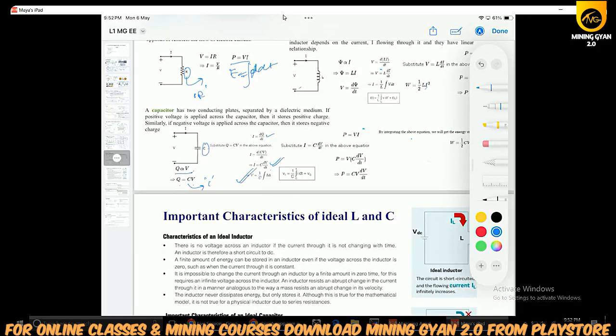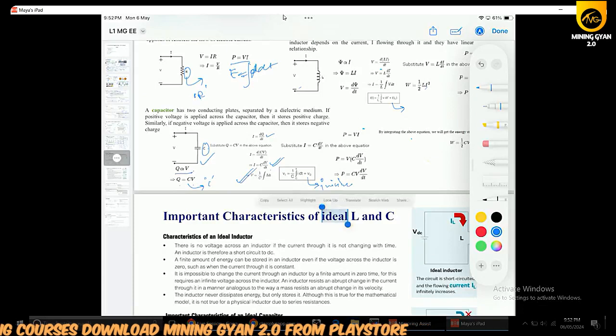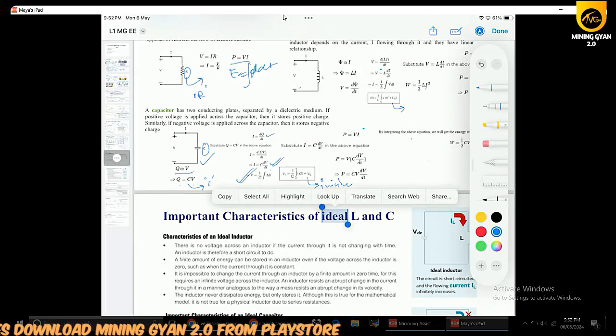You already know that a capacitor is also a storing element that stores the electrical energy in the form of an electric field. So you have to consider the initial voltage, as you consider the initial value of current in the case of an inductor. Likewise, you consider the initial value of voltage, and then you can calculate the present voltage by this equation.